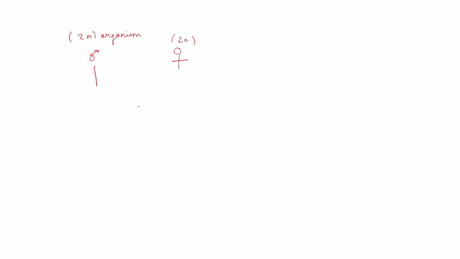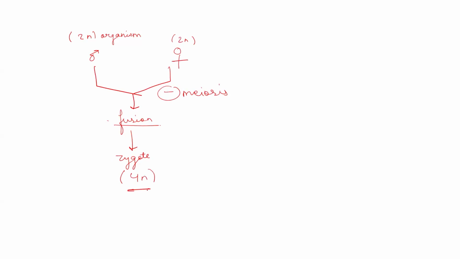Suppose there is no reductional division and a fusion happens between the male and the female gametes. The zygote that will be formed without any division at this stage, without meiosis, what will happen? The zygote should have 4n number. But this is not the case.